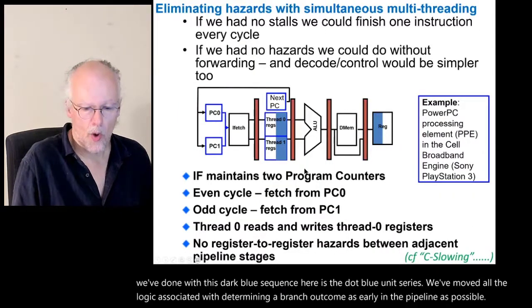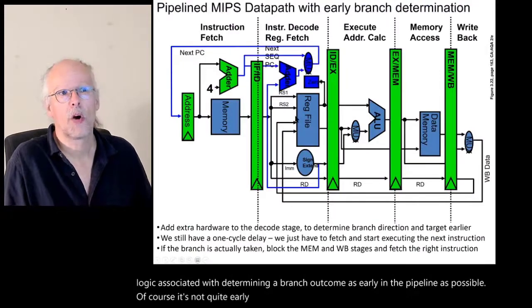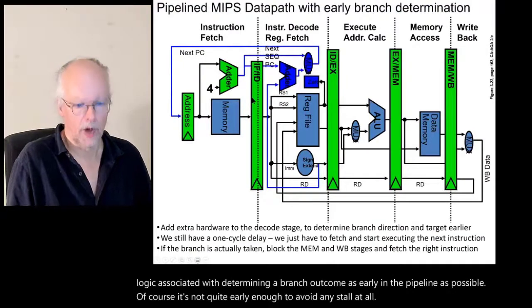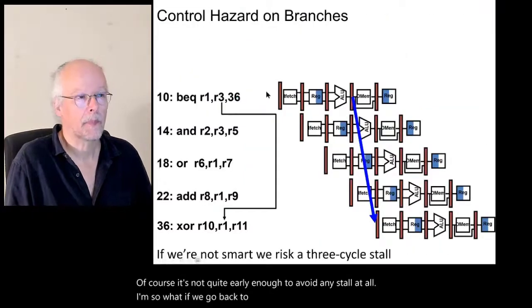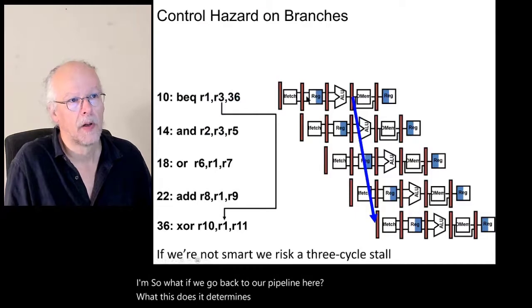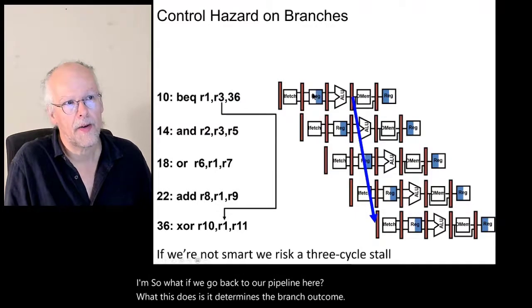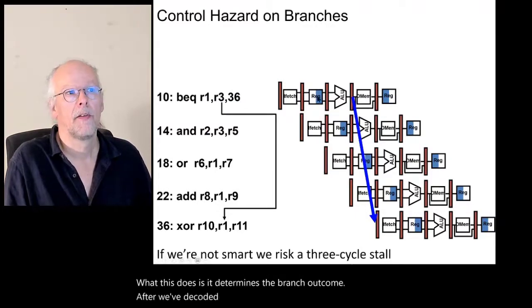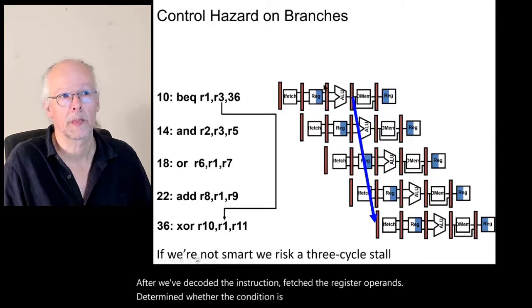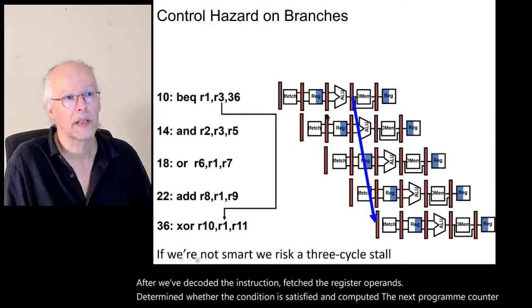Of course, it's not quite early enough to avoid any stall at all. So if we go back to our pipeline here, what this does is determine the branch outcome after we've decoded the instruction, fetched the register operands, determined whether the condition is satisfied, and computed the next program counter address in this cycle.